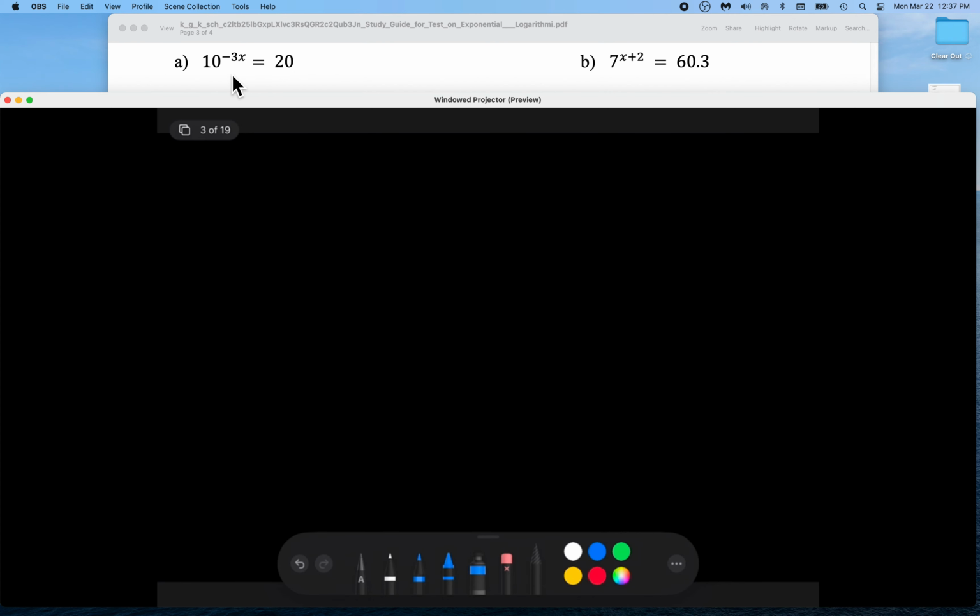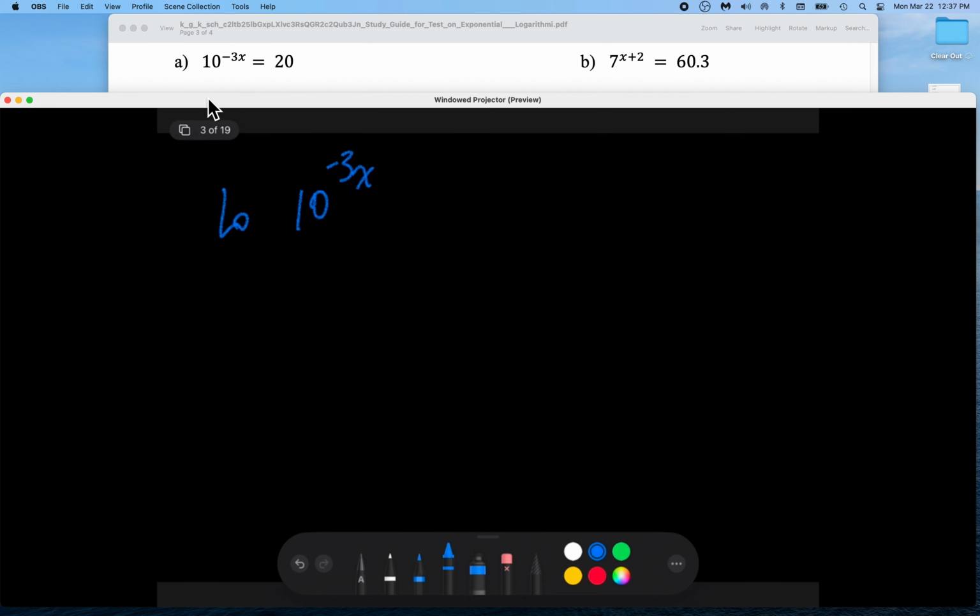It won't work. Then I ask myself, 5. It doesn't matter that 5 times 2 is 10 or 5 times 4 is 20. What matters is, can you raise 5 to something on both sides? You can't. So at the end of the day, you cannot get a common base here. And when you can't get a common base, you take logarithms. That's the only way to solve an exponential equation.